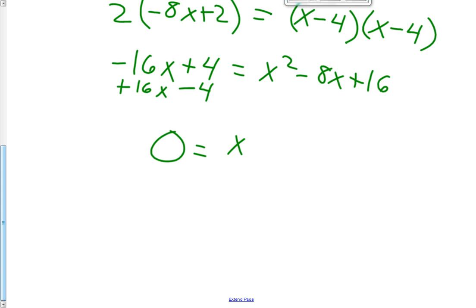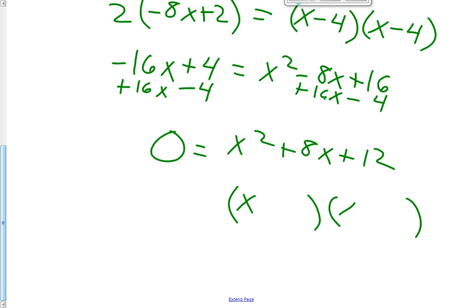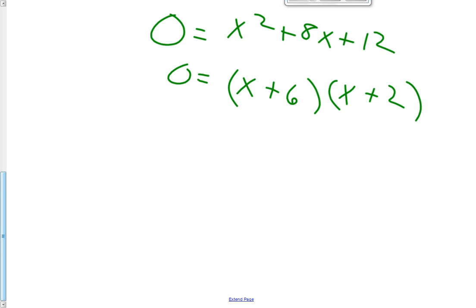That equals x squared, add 16x to get 8x, subtracting 4 to get 12. Factor this guy, and you got x multiplied by x, and a positive 6 and a positive 2. So when you did this on your own, hopefully you got x equals negative 6 and x equals negative 2. What does that mean, class?